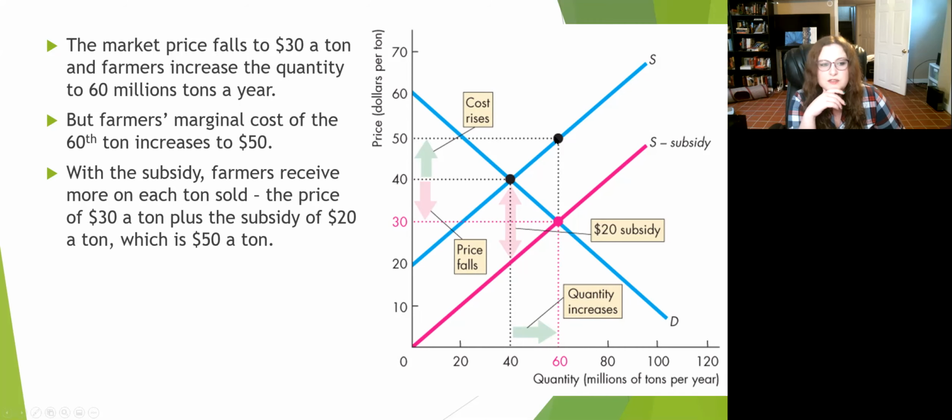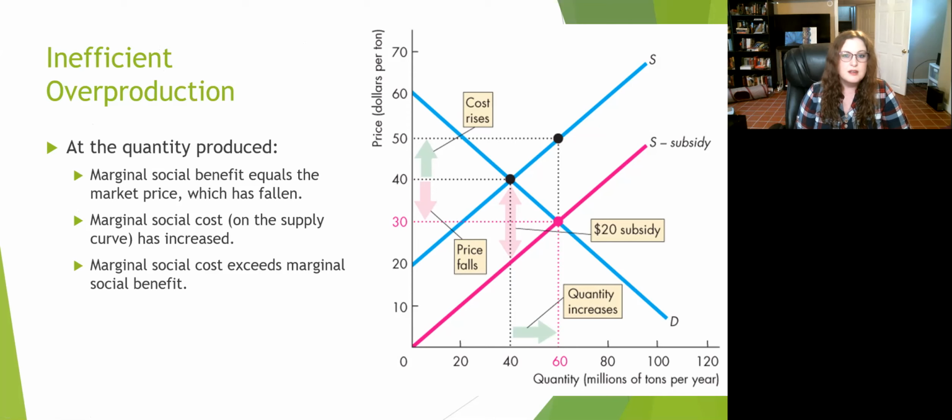I would need to be paid at least $50. But the market price is $30. Well, the thing is that difference, that subsidy, that's additional money from the government, right? It cost me $50 to make the garlic. In the market, people are paying me $30. And then the government throws $20 on top of that when it comes back to me. So I'm making my $50 at that point. That's called a subsidy. It's when we're trying to have an overproduction of something.